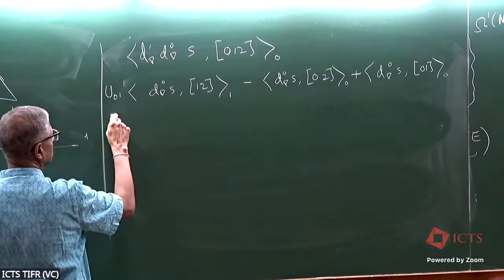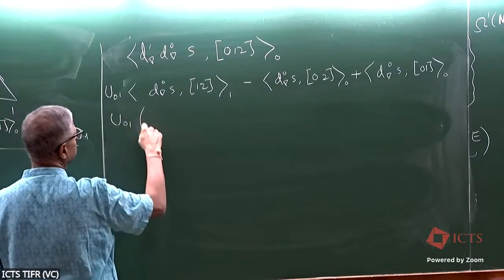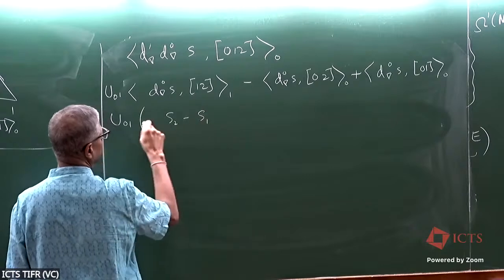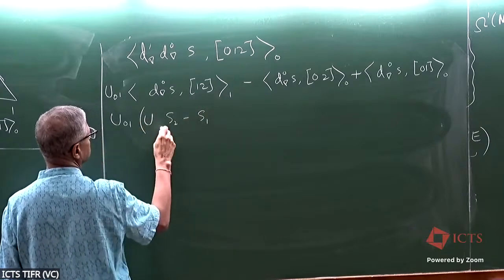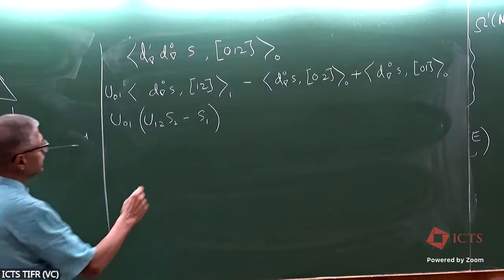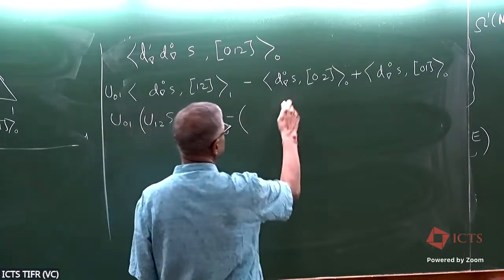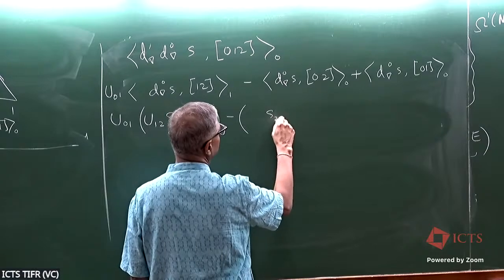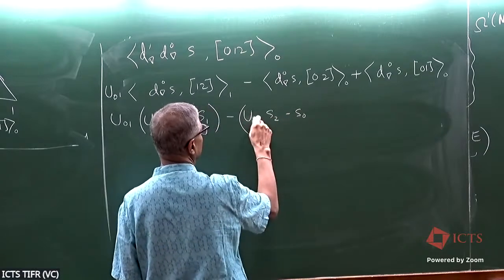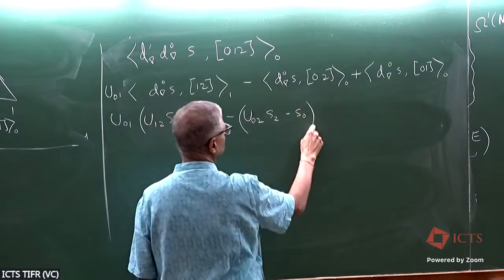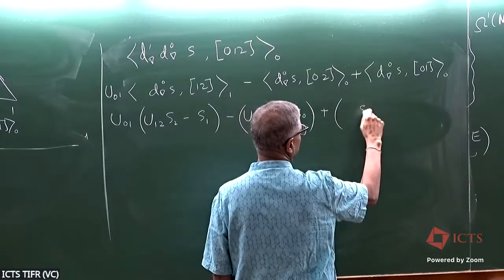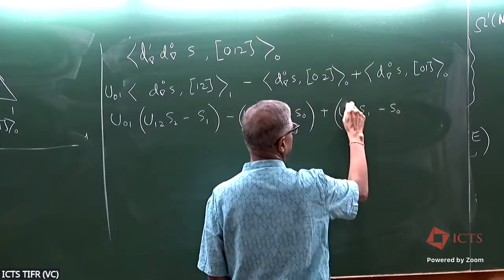So let's work on the thing inside, and you get, this is S2 minus S1, but we have to transport everything to 1. So from 2 to 1. That's the first term. Minus, this is S2 minus S0, but we have to make everything live here, and you can't do this until you do the transport. And then plus, this is S1 minus S0 after transport.